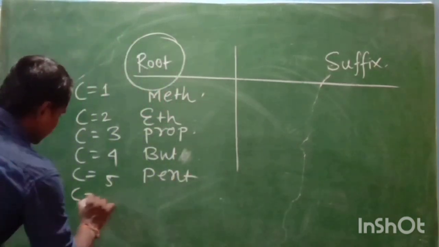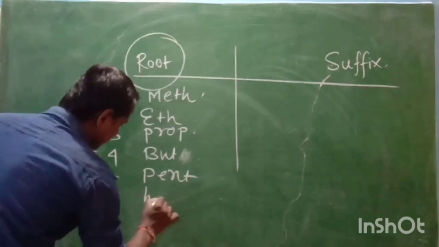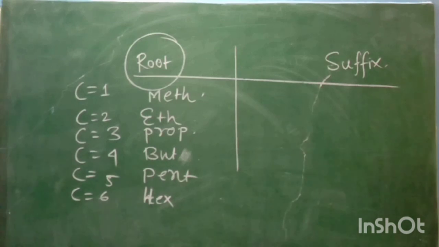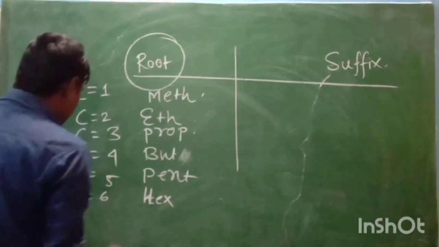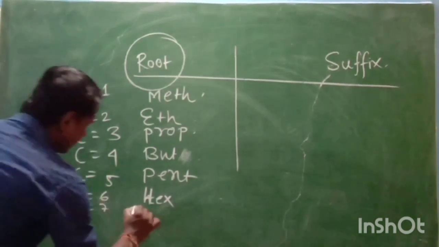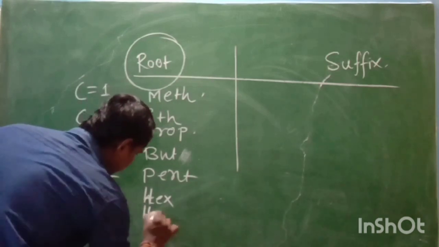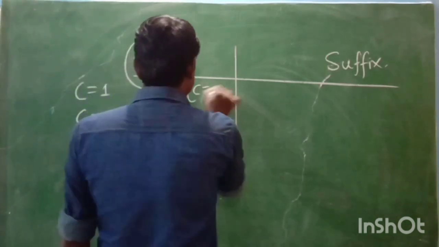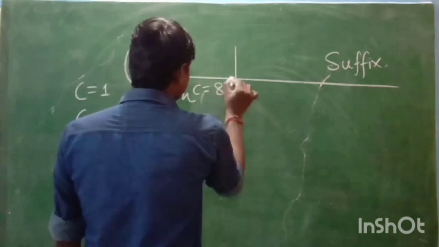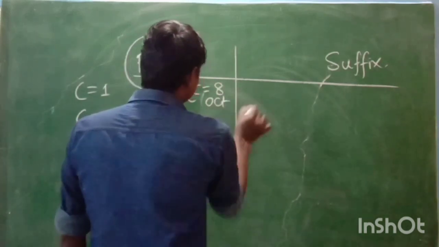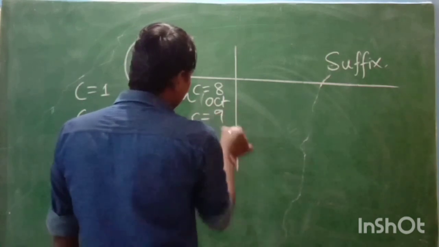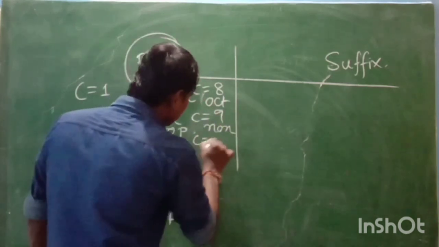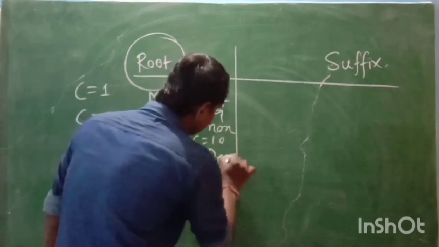If carbon is 6, root is hex. If carbon is 7, root is hept. If carbon is 8, root is oct. If carbon is 9, root is non. And if carbon is 10, root is dec.